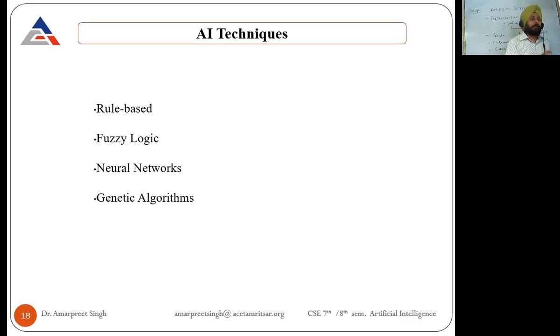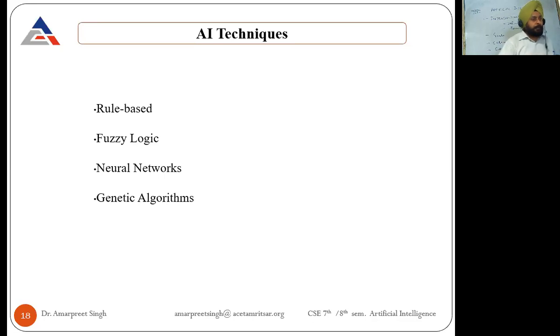Then a very important concept or technology, or you can say the area which plays an important role in AI, is genetic algorithms. These algorithms are based on the theory of evolution given by Charles Darwin. So genetic algorithm is based on that particular theory, and its main applications are in those areas which need a very high level of optimization.